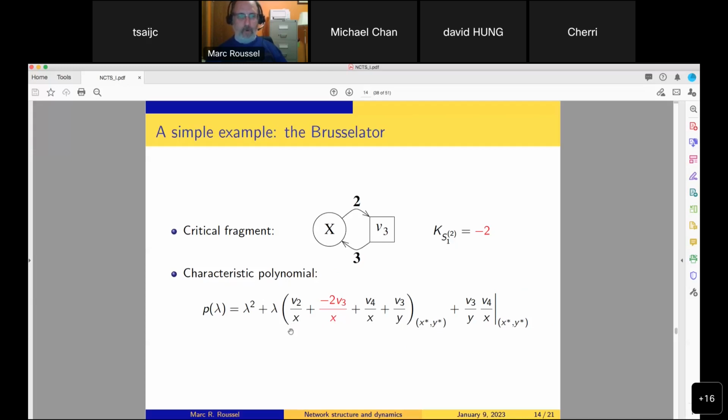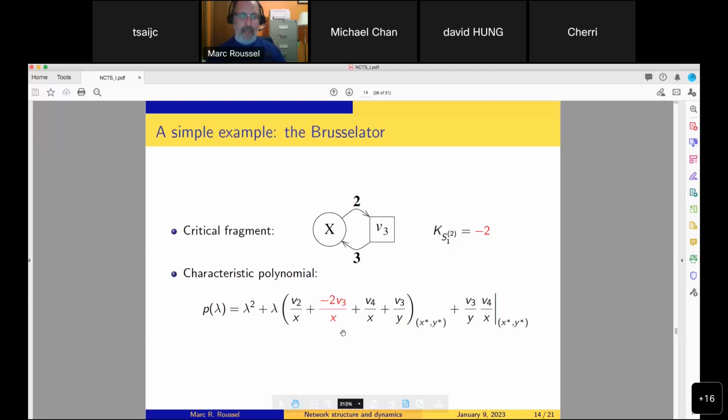It's a fragment of order 1, so it's the coefficient of lambda to the 2 minus 1, which is 1. And the numerical coefficient here is exactly this coefficient from the critical fragment. And so there's this lovely one-to-one relationship.